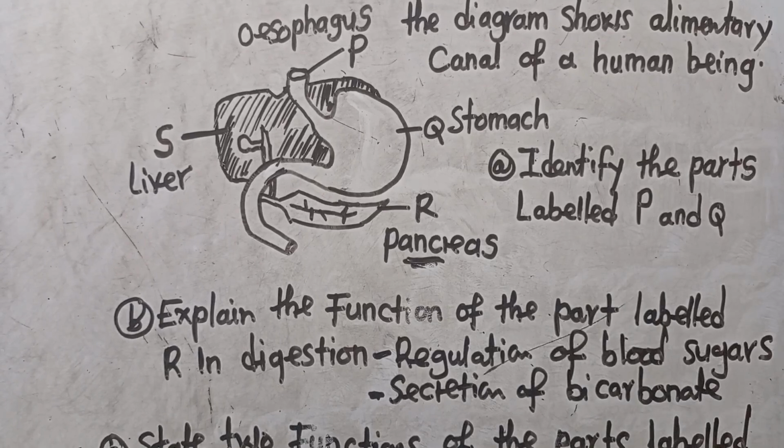It is also in the pancreas where we have production of digestive enzymes. The pancreas produces digestive enzymes such as amylase and lipase. Once they are produced, they help in the breakdown of carbohydrates, fats, and proteins in the small intestines.